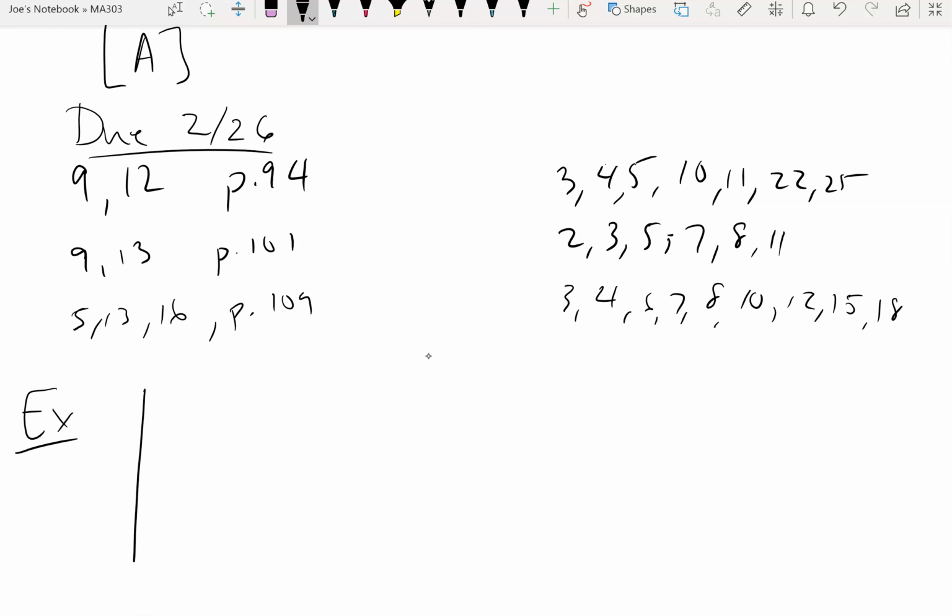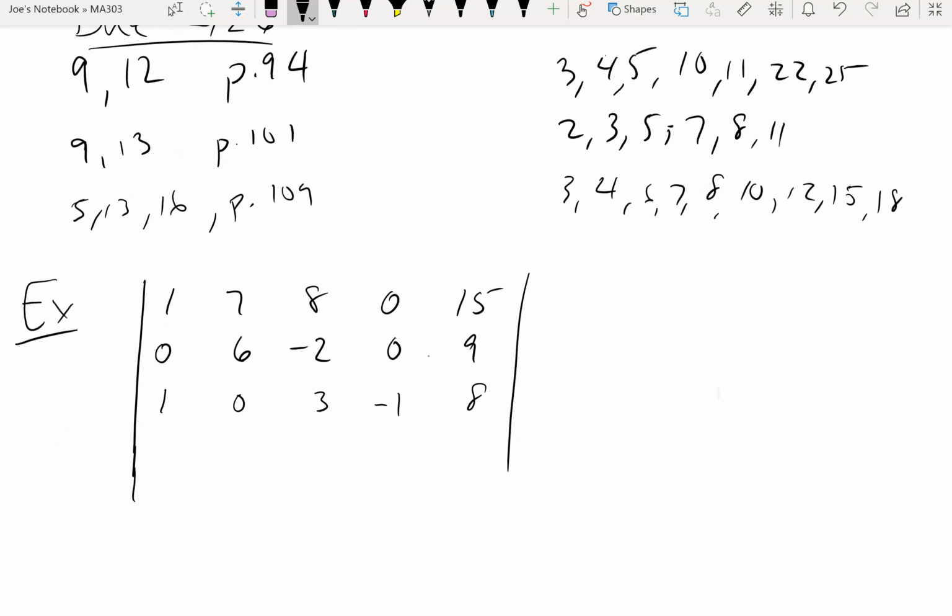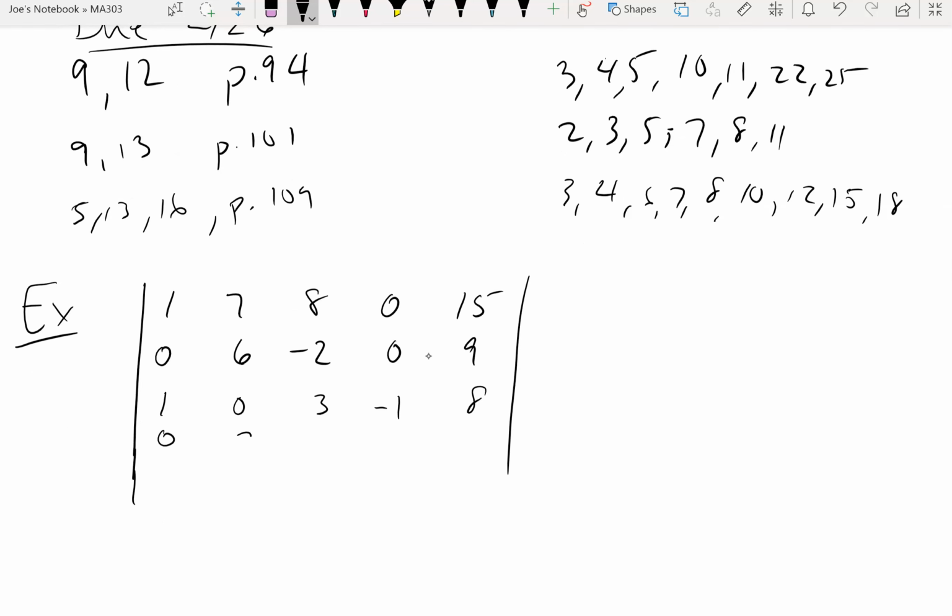Say I want the determinant of, let's say we had 1, 7, 8, 0, and 15, and then 0, 6, -2, 0, 9, and then 1, 0, 3, -1, 8, and then 0, 2, 5, 0, 7, and finally maybe a 0, -3, 4. I'm just making it up as I go along here. All right.